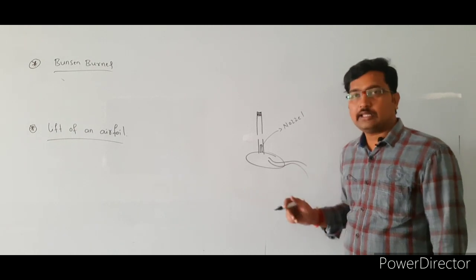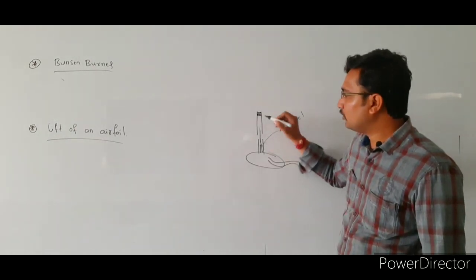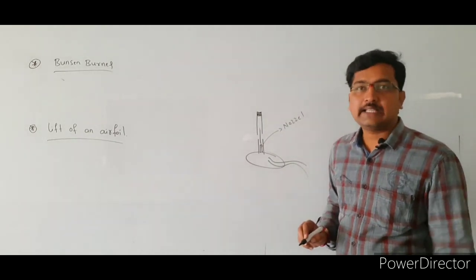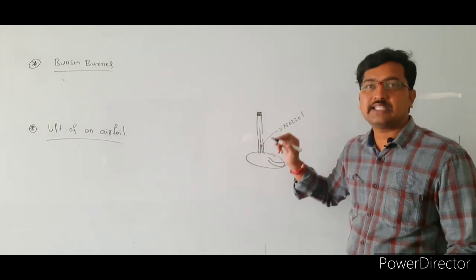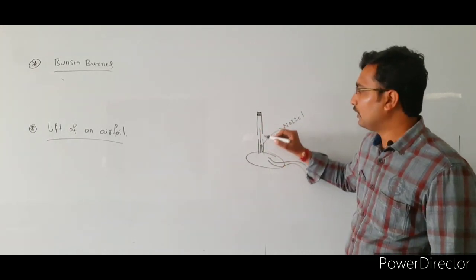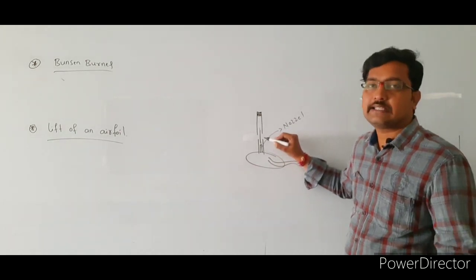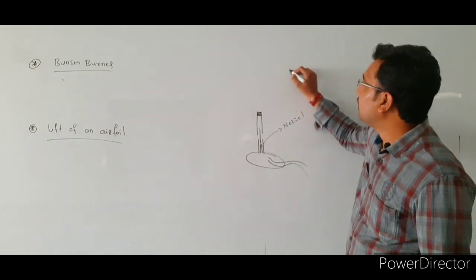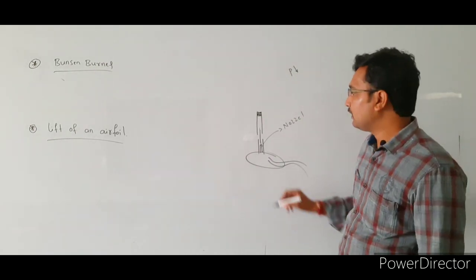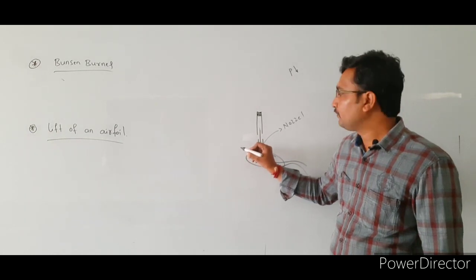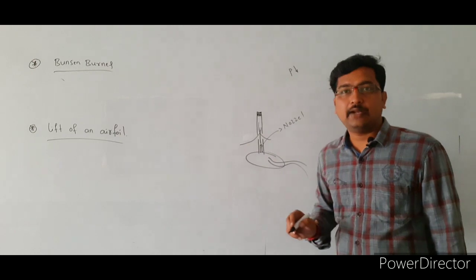See here, when the gas passes through this nozzle with a high speed, the pressure inside the vertical pipe decreases. Therefore, the air from outside rushes inside the burner through the side holes.